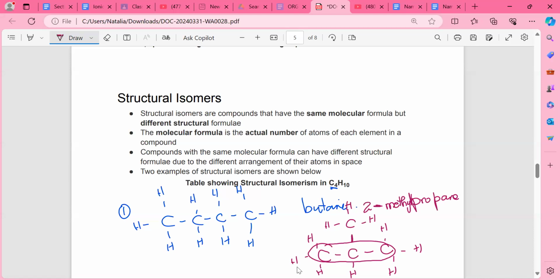So the 2 isomers of C4H10 are butane and 2-methylpropane. Are we clear?